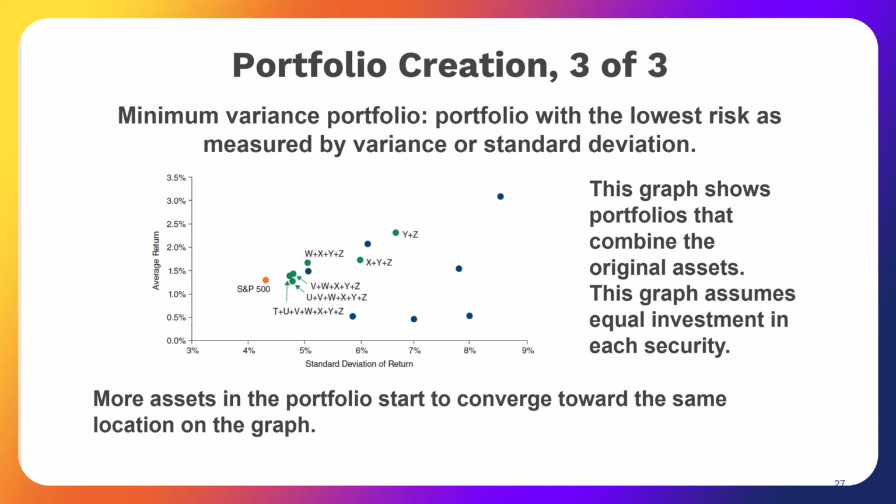The minimum variance portfolio is a starting point. This is the portfolio that has the lowest risk as measured by variance or standard deviation. So what we can see here is all these portfolios, this one right here, TUVWXYZ, that includes all of them. That portfolio has the least amount of risk possible of all of our choices.